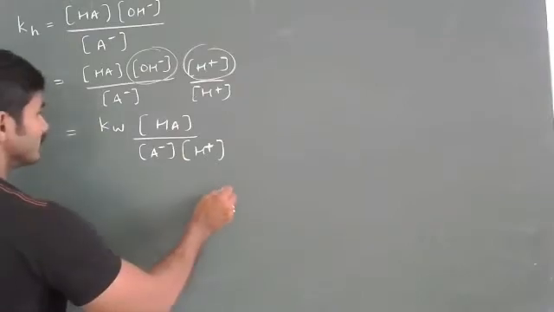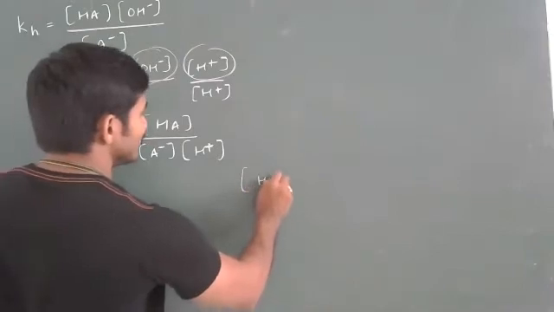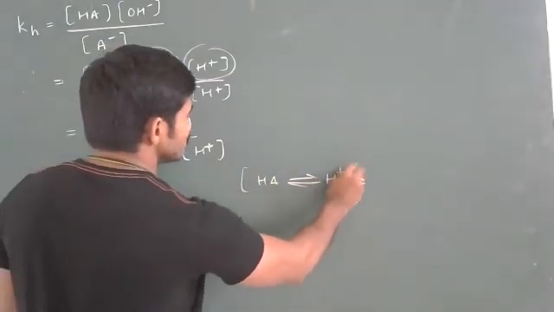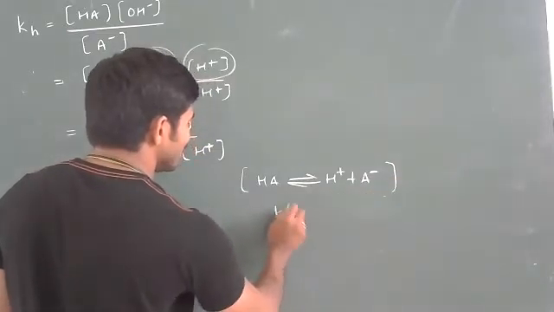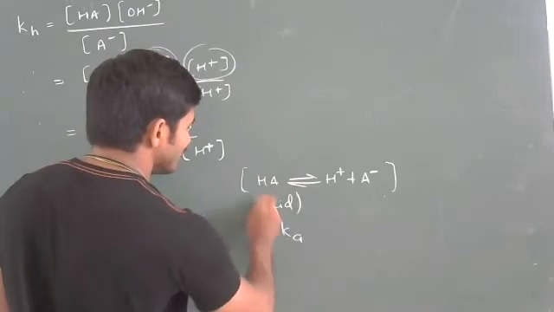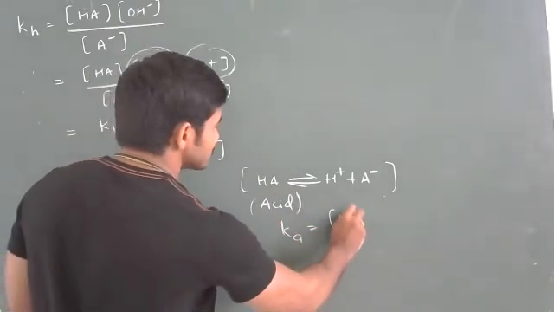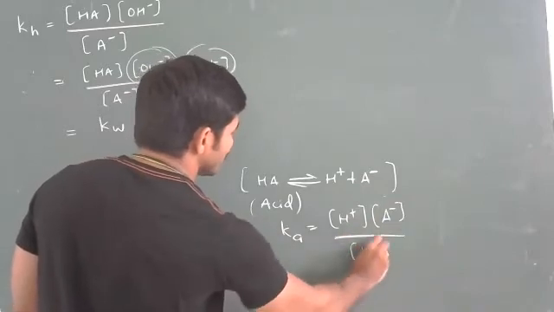Generally for acids, if I take HA converting into H plus plus A minus, for this I write Ka, this is acid. What can I write for Ka? H plus concentration into A minus concentration by HA concentration.